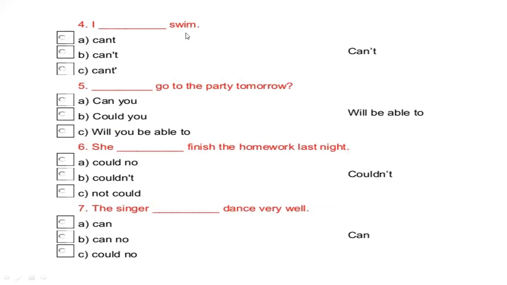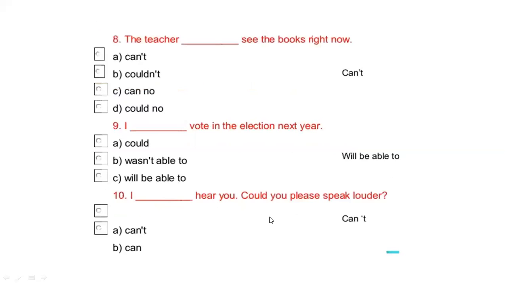Then I dash swim. I can't swim. Dash go to the party tomorrow. Will you be able to go to the party tomorrow? She dash finished the homework last night. She couldn't finish the homework last night. The singer dash dance very well. The singer can dance very well.